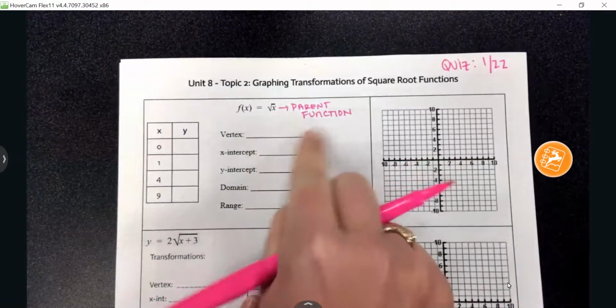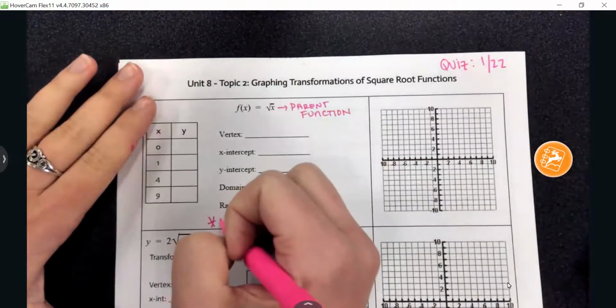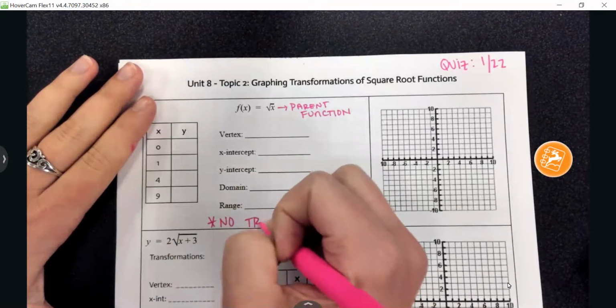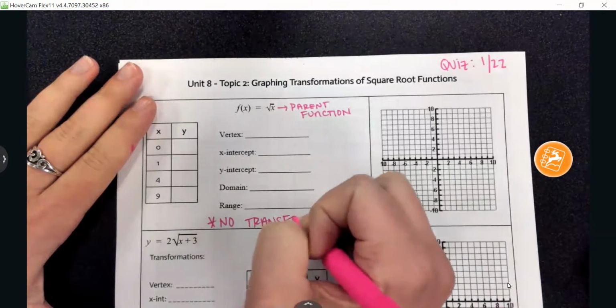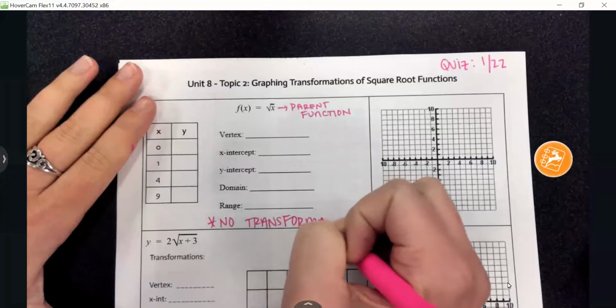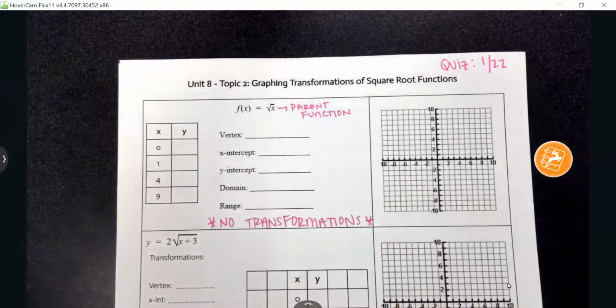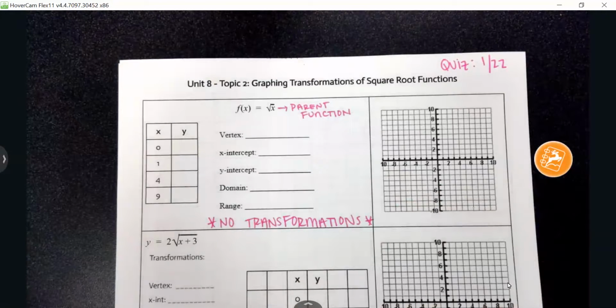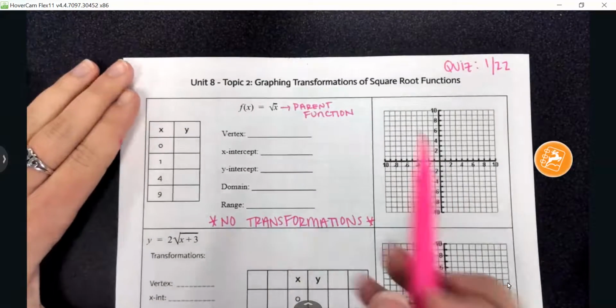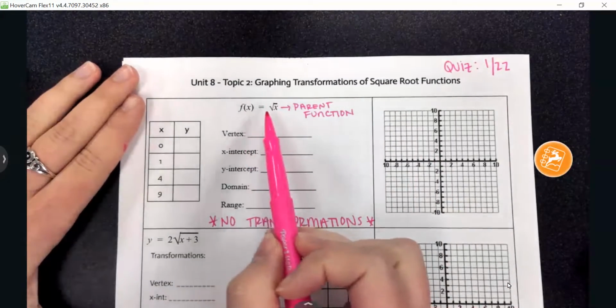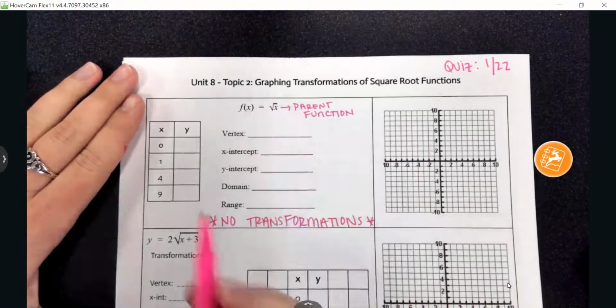So my parent function is the original. It has no transformations, meaning it's not moving. So if a graph is not moving, where should it start? At 0, 0, the origin. Very good.